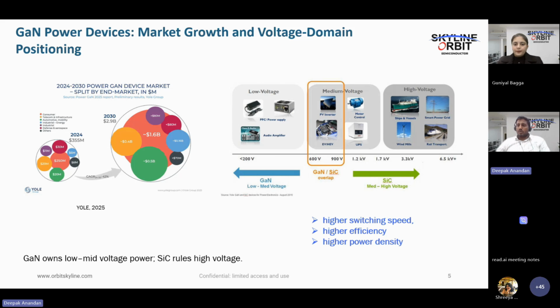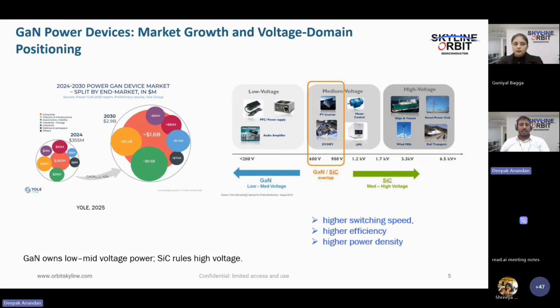And why is it more reliable right now in the market, why is it creating more demand? It is covering basically two different regions. One is low and mid voltage, and the other one is the overlap region. The low and mid voltage region is for domestic or household applications, something like power adapters, chargers, and some other converters, which are potentially replacing the current silicon technology.